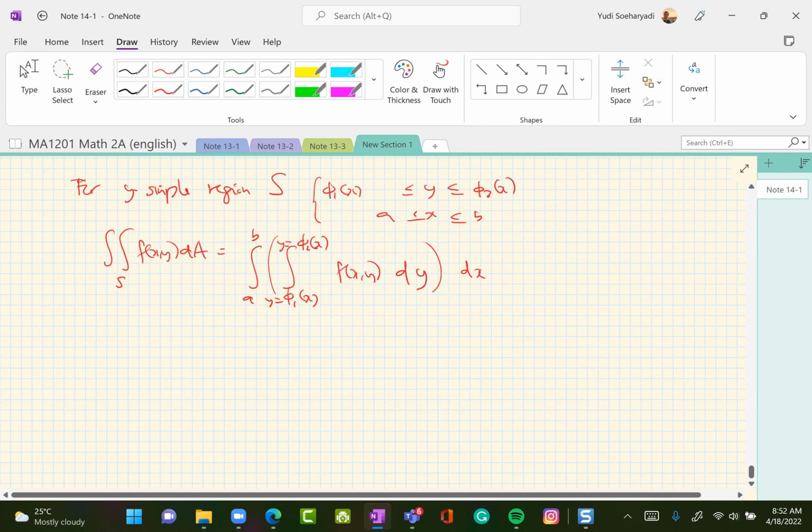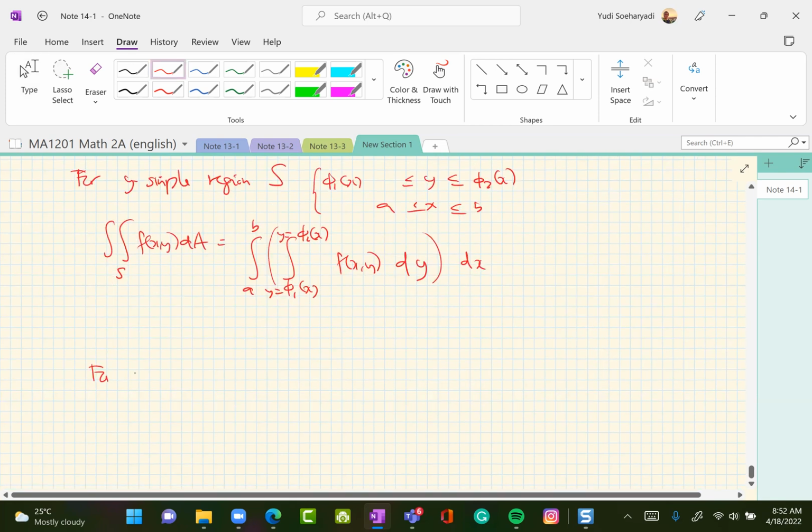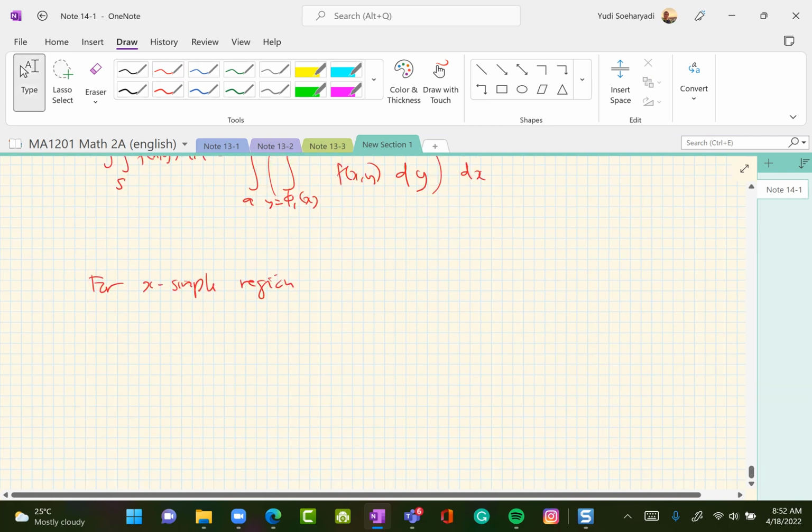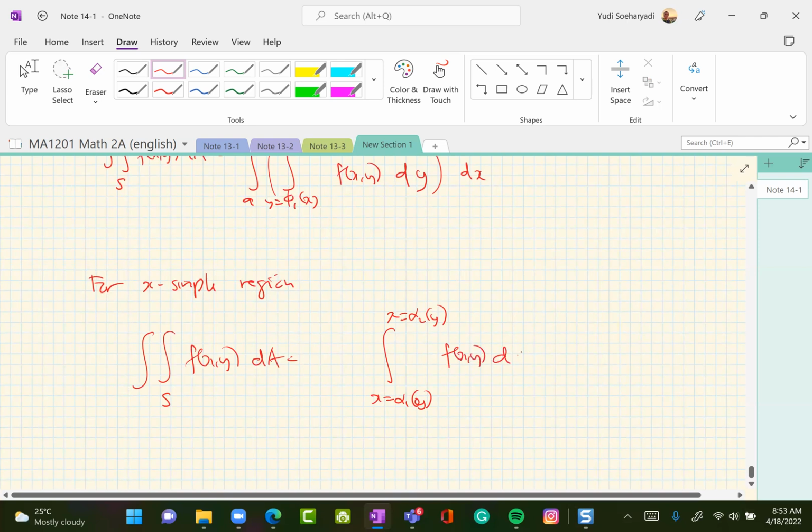And for an x simple region, you have this formula. You have to do the integral with respect to x first, from x equals alpha1 to x equals alpha2, dx and then dy.